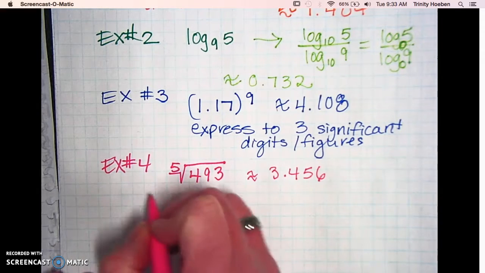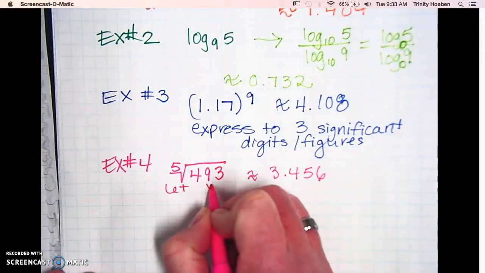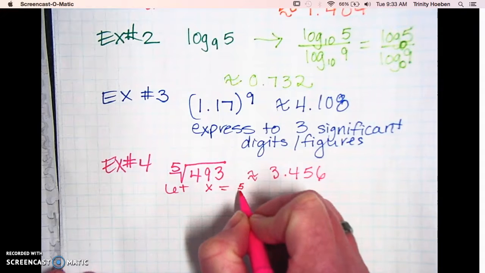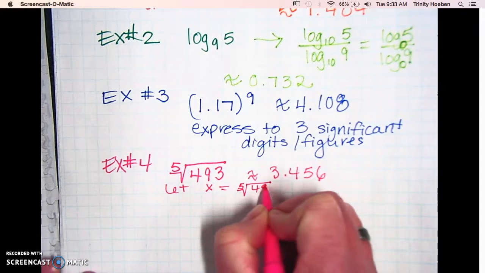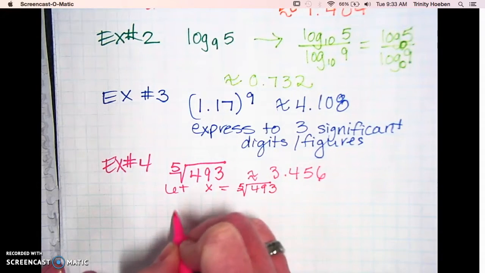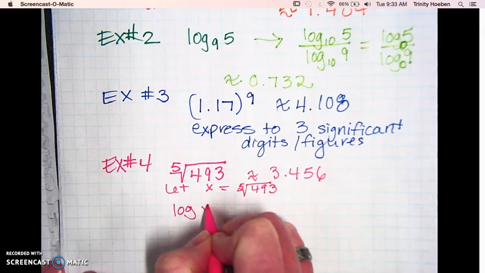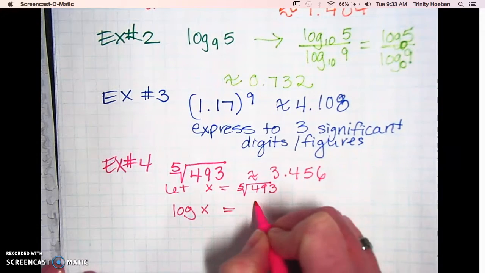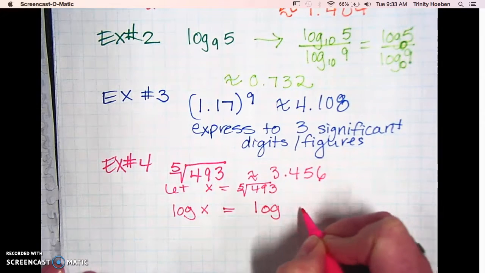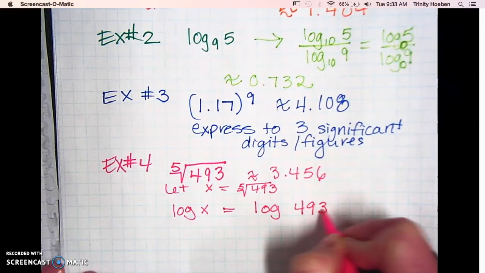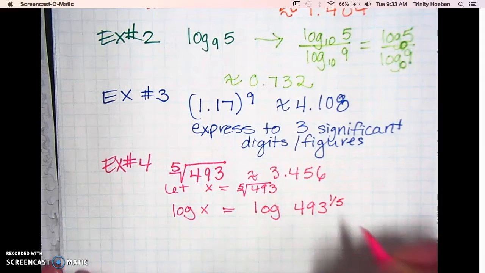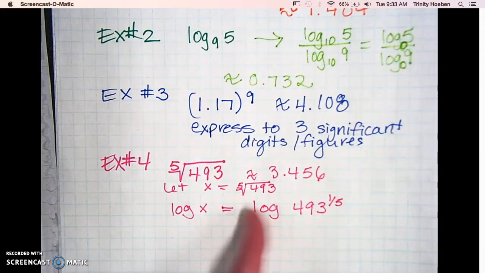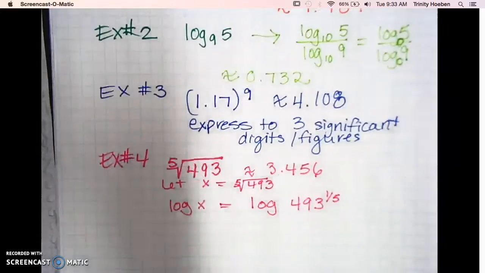All right. So we're going to let x be equal to the 5th root of 493. And if we take the log of x, log of 493 to the 1/5 power, because the 5th root is the same as 1/5 power.